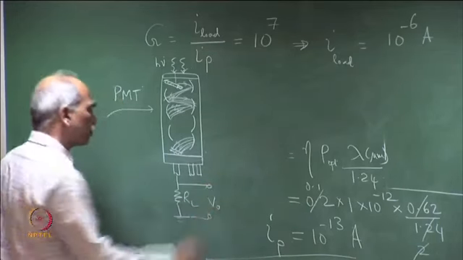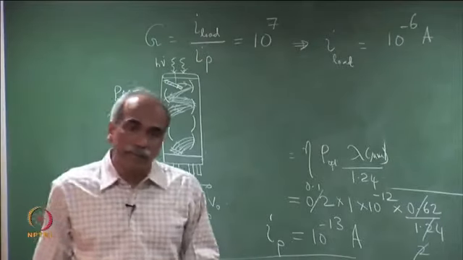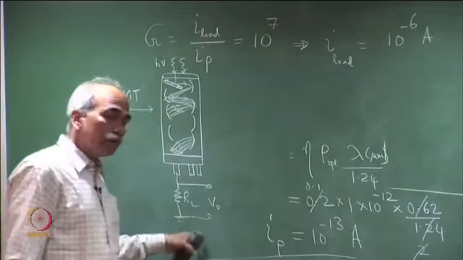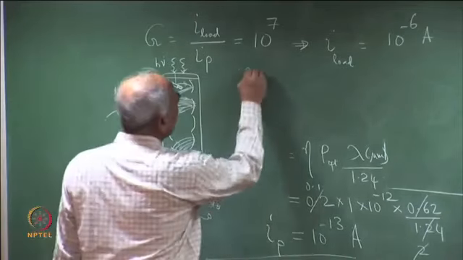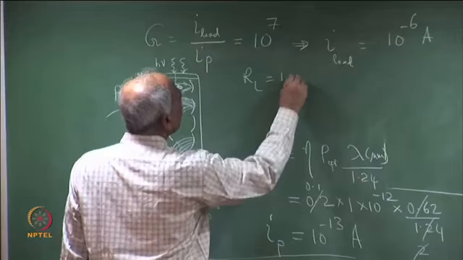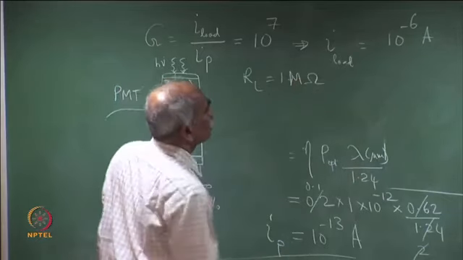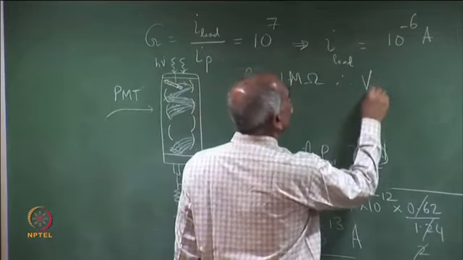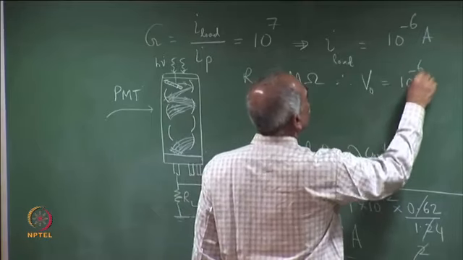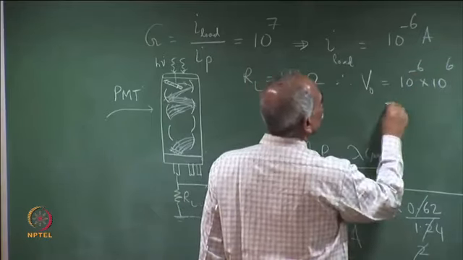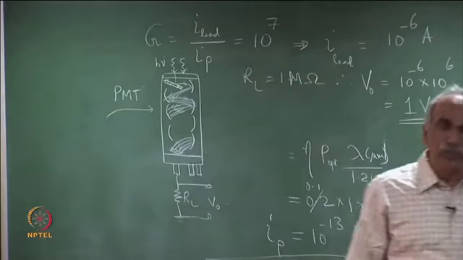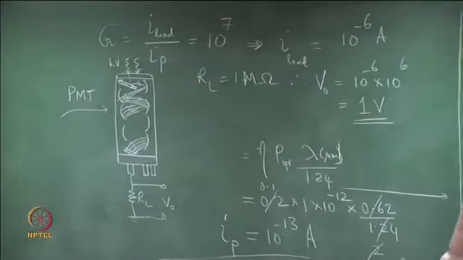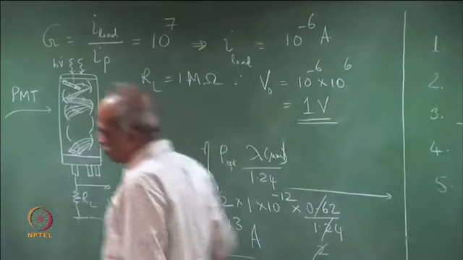One can measure the photocurrent coming out, or the voltage generated here. For example, if I take RL equal to 1 mega ohm, then the voltage Vout is 10 power minus 6 into 10 power 6, which is 1 volt. 1 volt is a very large output to measure.